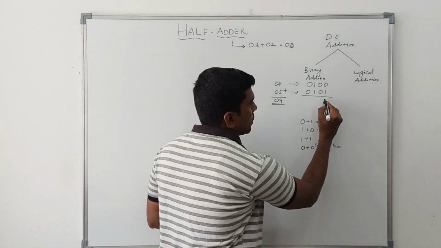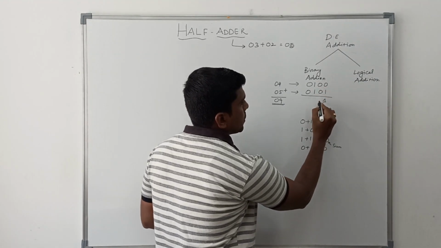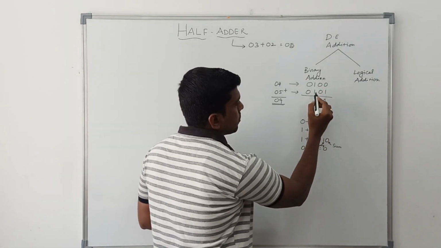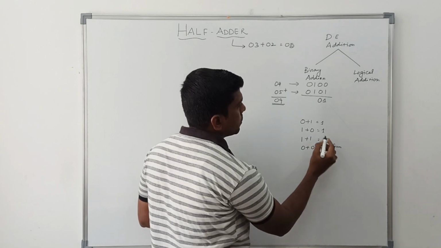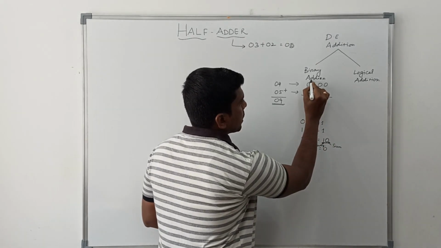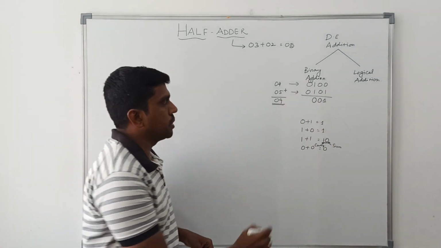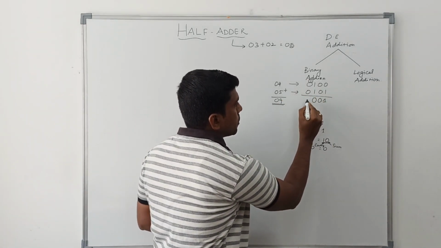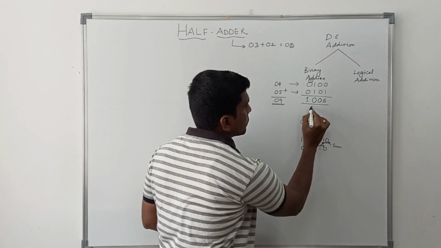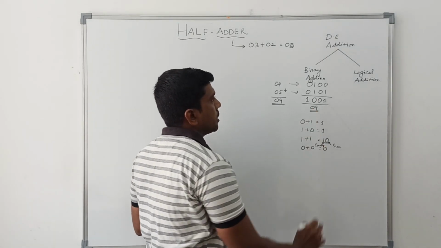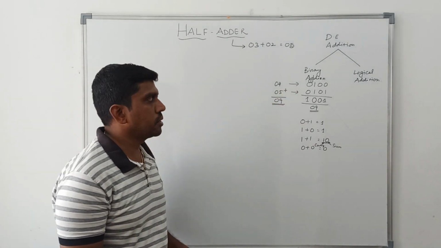So 0 plus 1 is 1, 0 plus 0 is 0, 1 plus 1 the result is 1 0. This 0 is sum, carry is propagated to the next bit. So 1 plus 0 plus 0 the result is 1. So 09 is the result in binary addition.